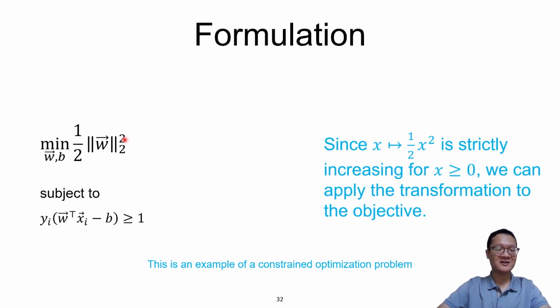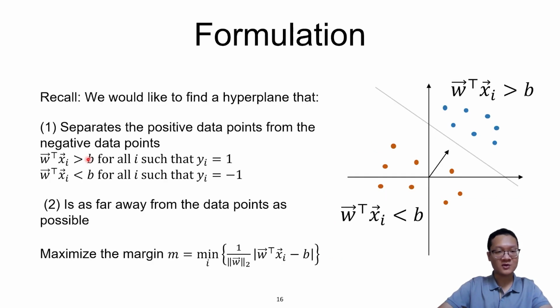And this was actually the final formulation for the SVM. So we started with something that looks kind of complicated, right? We said things in words where we had these two criteria. We started to write down some math, but everything was a bit complicated.